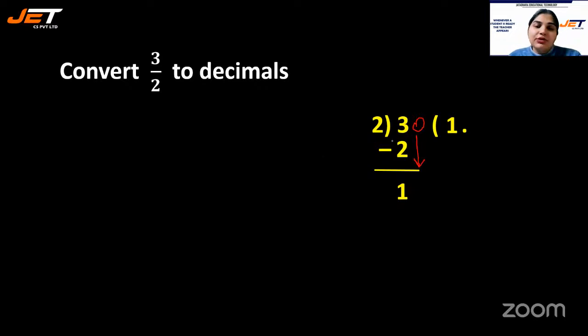As soon as I put an extra 0, I have to put a decimal here. Now it has become 10. Do you see 10 in the table of 2? Yes, of course. 2 times 5 is 10. That means 3 by 2 can be written as 1.5.